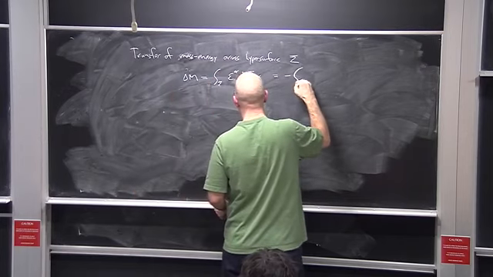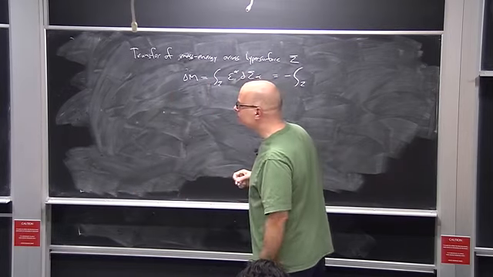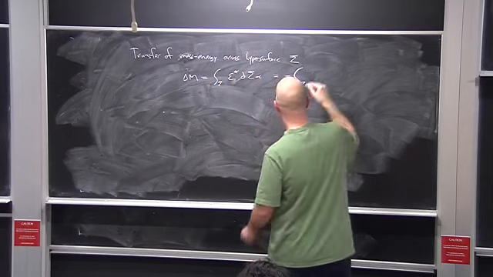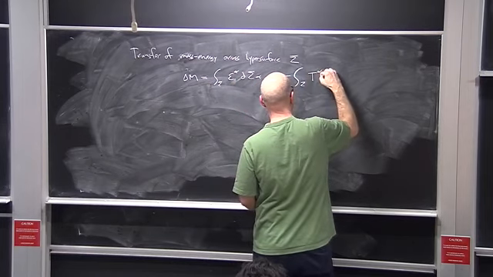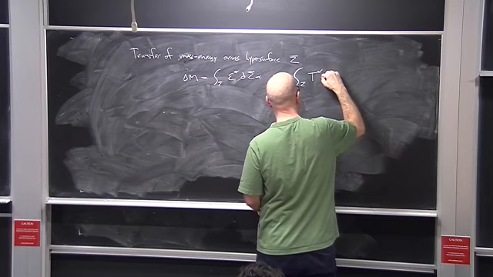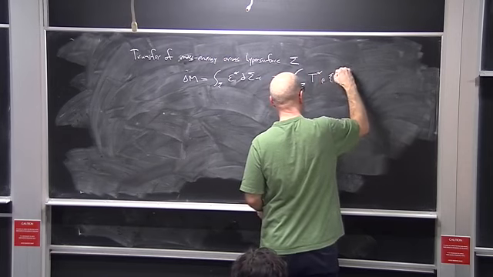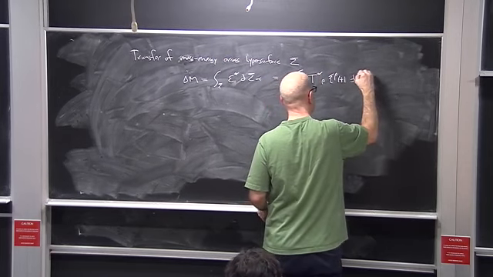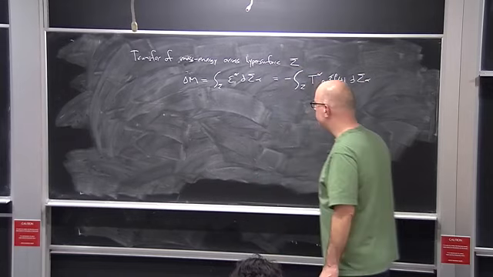And that stands for T alpha beta, the timelike Killing vector, multiplying the surface element.